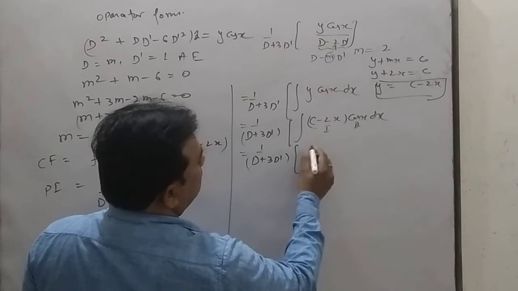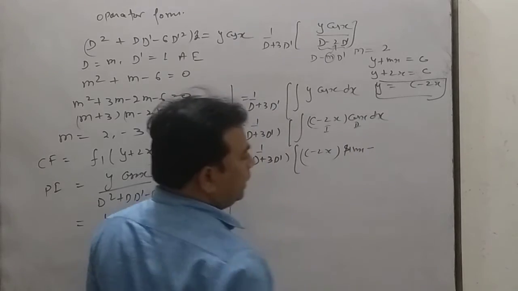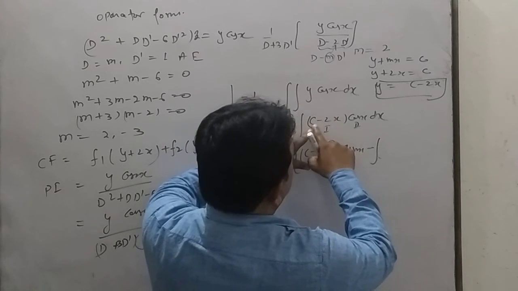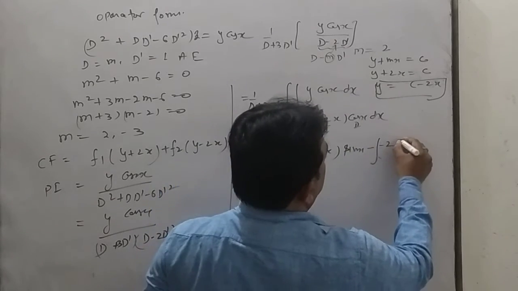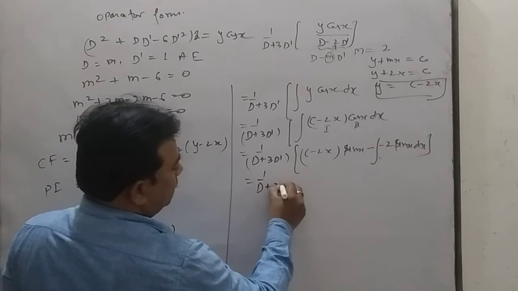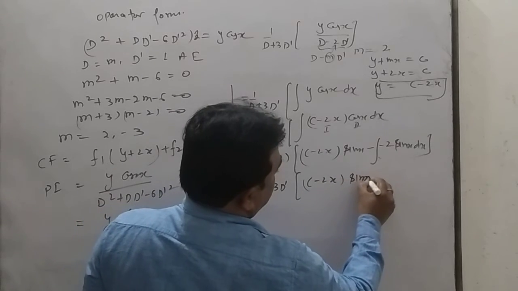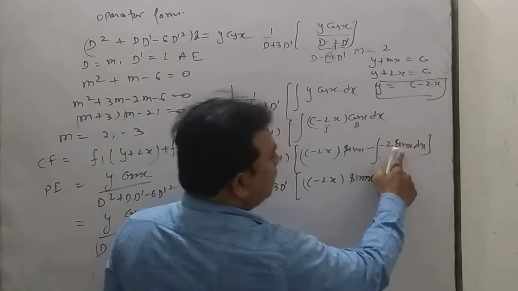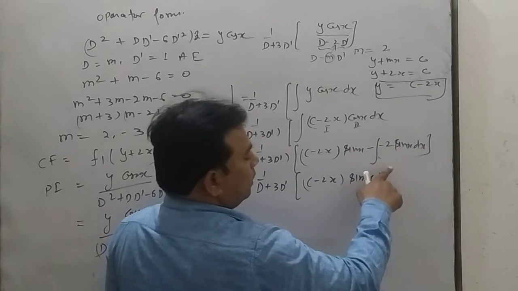Integrating this: first function c minus 2x, integration of the second function cos x is sin x, minus differentiation of the first function, which is minus 2, and integration of sin x is minus cos x. So 1 upon (D plus 3D dash) of (c minus 2x) sin x, minus and minus plus, again differentiating and integrating with respect to x, giving 2 cos x.